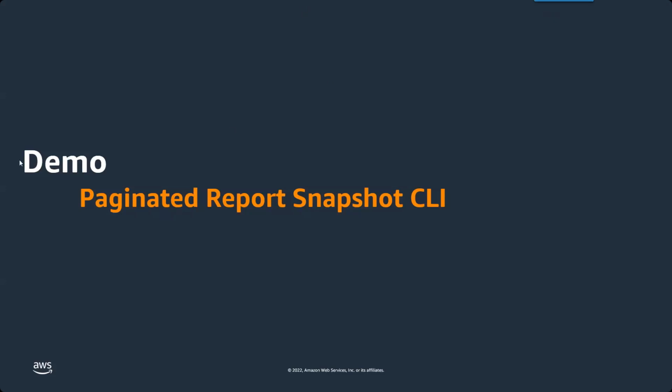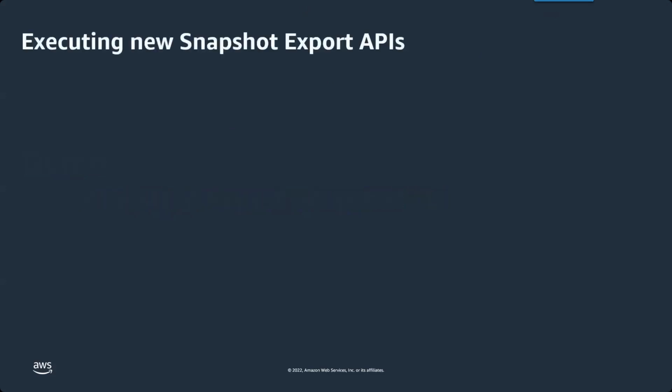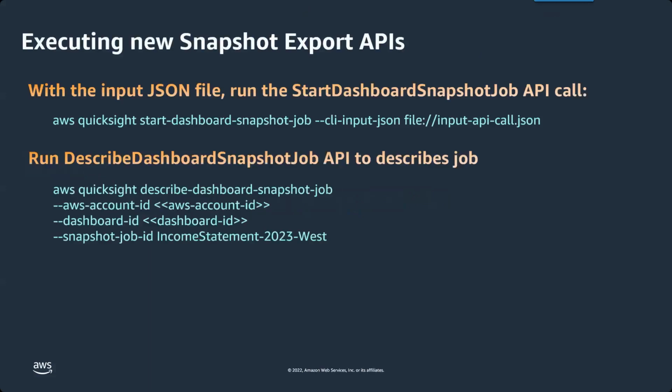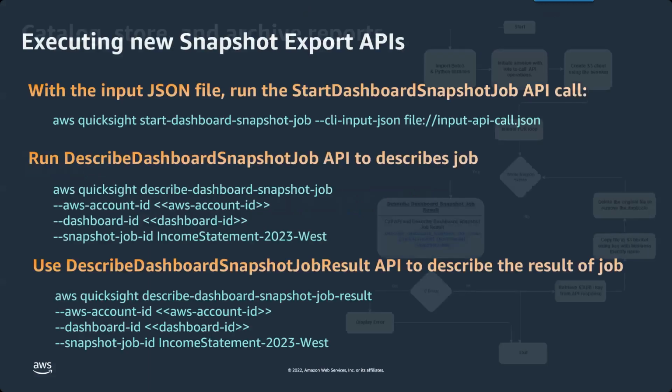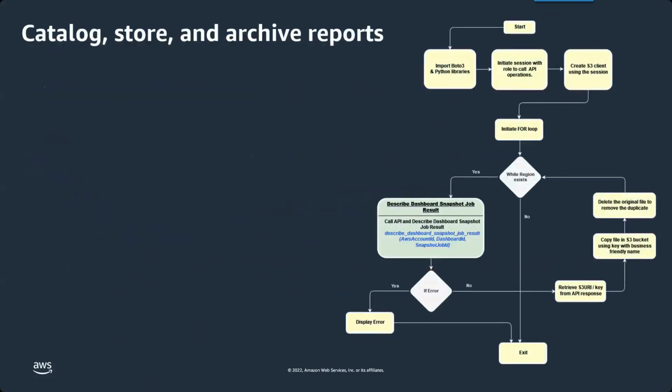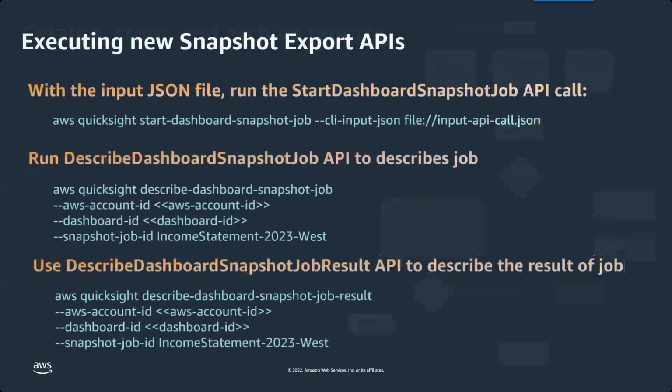Right. So as Neeraj mentioned, we have two ways that you can generate the snapshot: one through the CLI and one through the API. We'll quickly do a demo of the CLI option first. So we'll look at the three APIs that Neeraj mentioned that are required to run the CLI command.